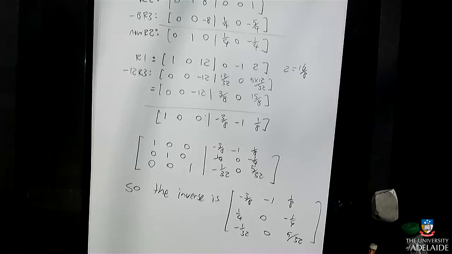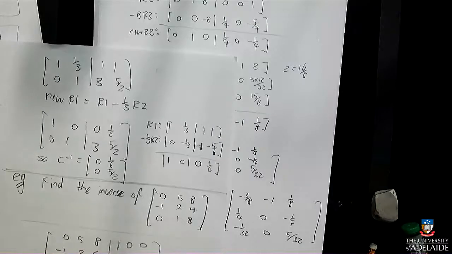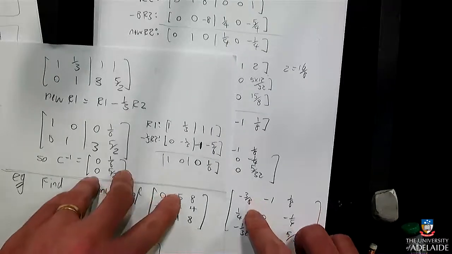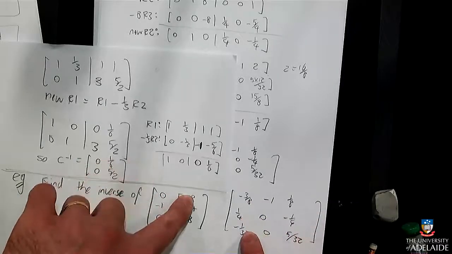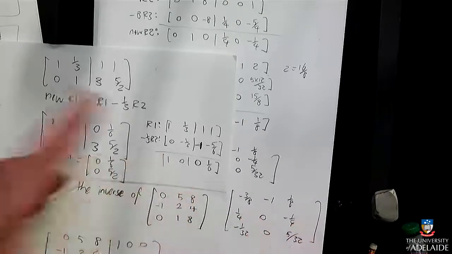So let's see. 0 times minus 3/8 is 0. 5 quarters minus 8 on 32. Well, 8 on 32 is 1 quarter, so we have 5 quarters minus 1 quarter is 1.